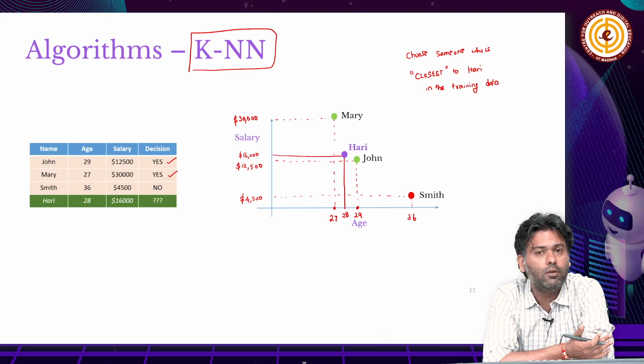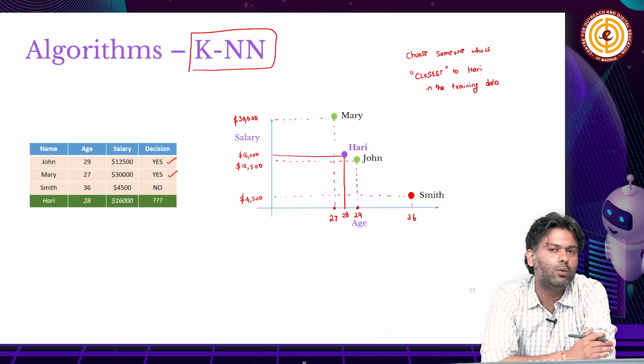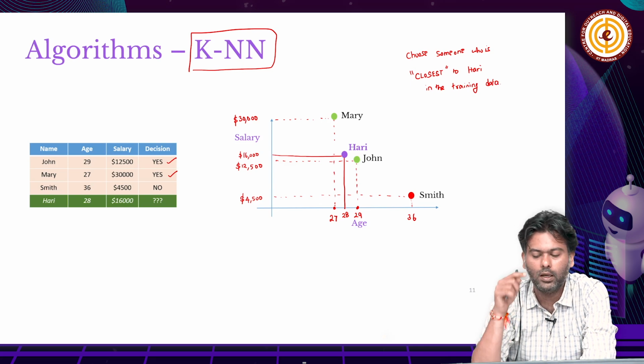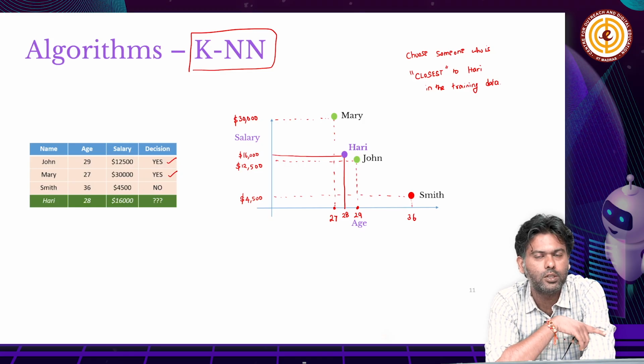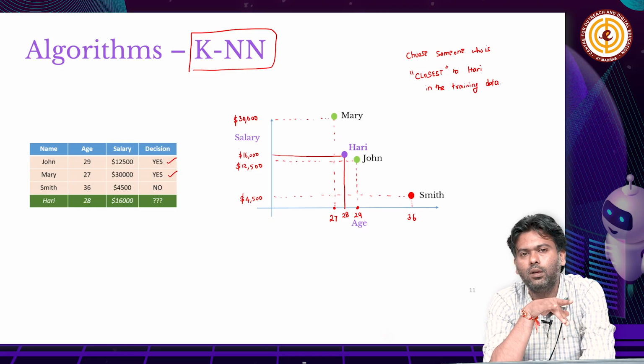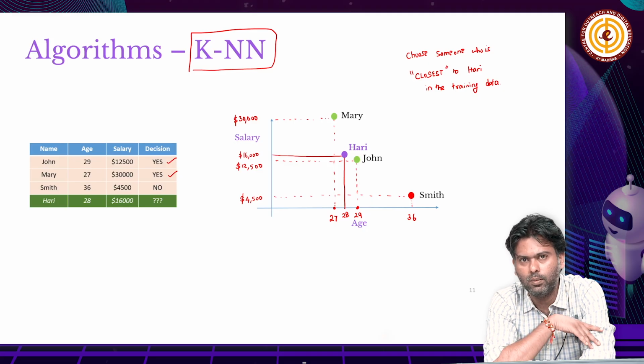We do not have Hari in our training set, but we have somebody who is closest to Hari in our training set. By closest, I mean that because each person becomes a point in this two-dimensional space, there is a potential way to measure distances in two-dimensional space.